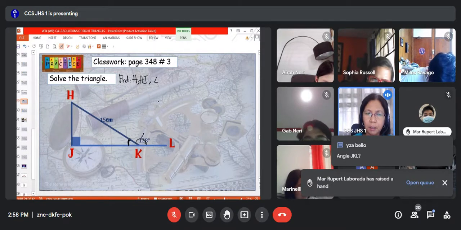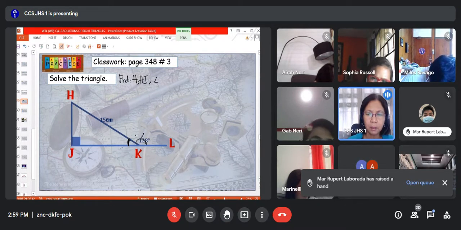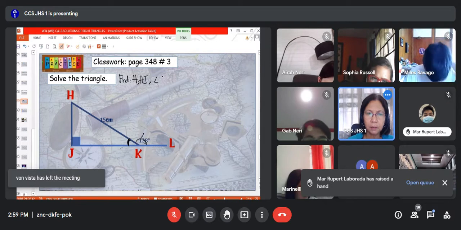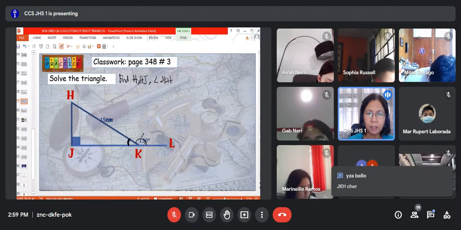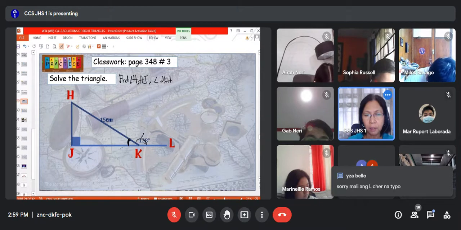Angle JKL? Angle GKL is a straight angle. This one. Yes, Mar, angle JKH. Take note, if there are two angles in one vertex, you have to use three letters. You follow? Okay. What else?